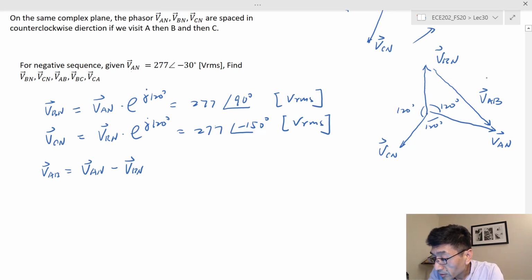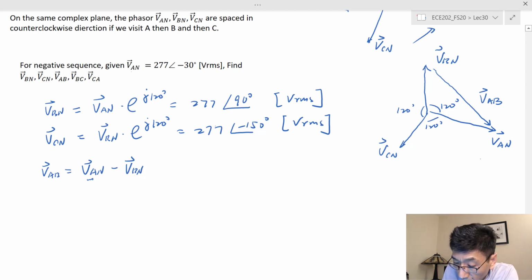Right? So VAB points to VAN. That's always pointing to the first one. And if you move this VBN here, VAB is actually lagging VAN by 30 degrees, right?